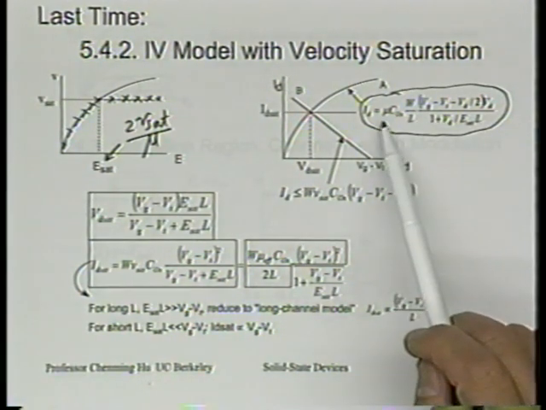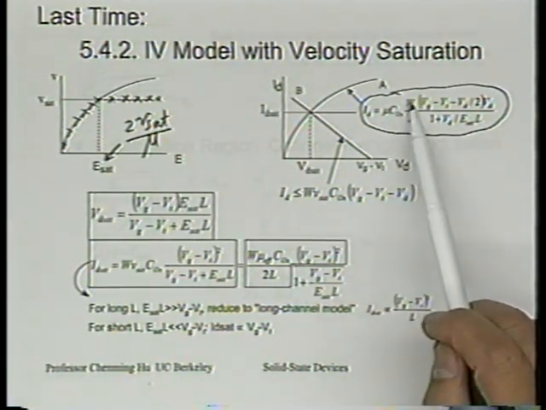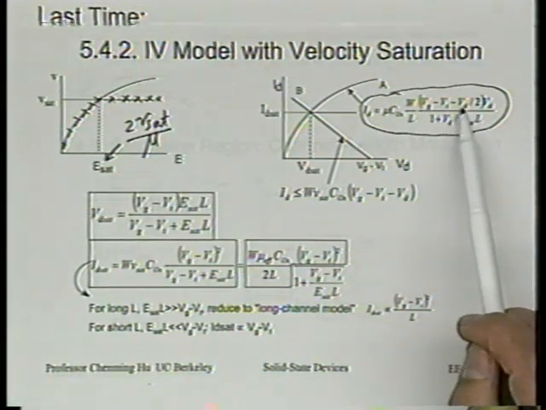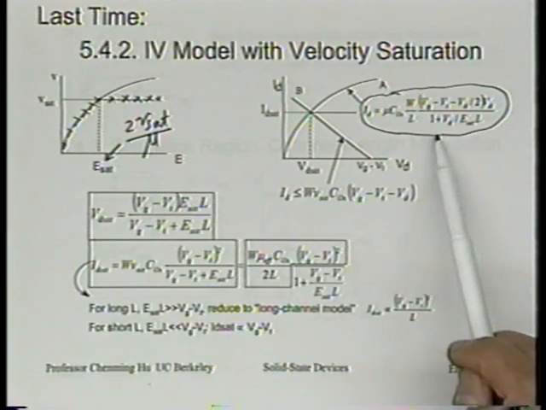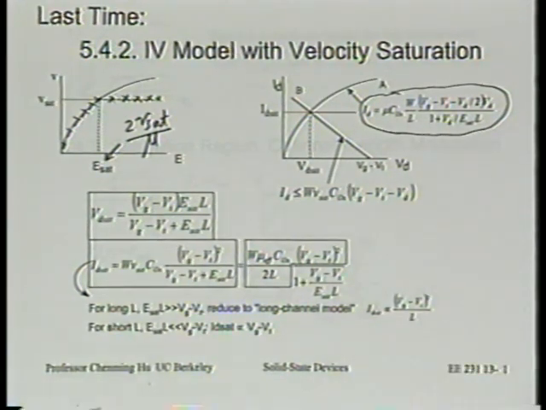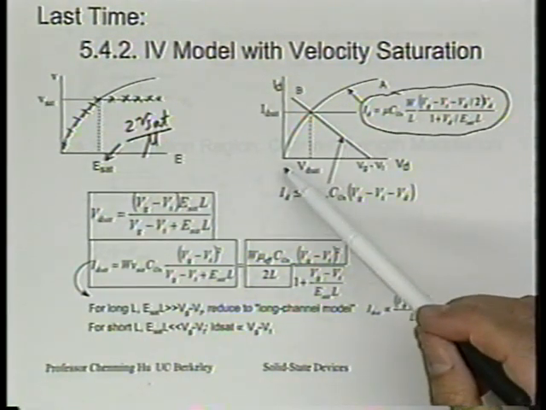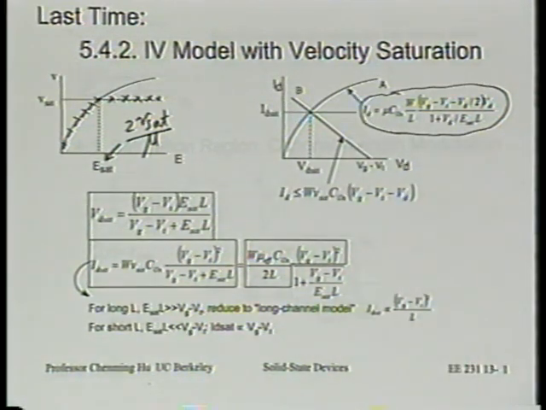It's the old current, mu C W over L, Vg minus Vt minus Vd over 2 times Vd. It's the old current reduced by this factor, 1 plus Vd over E set L. Right? That's not too hard. And this current is good before we reach velocity saturation.